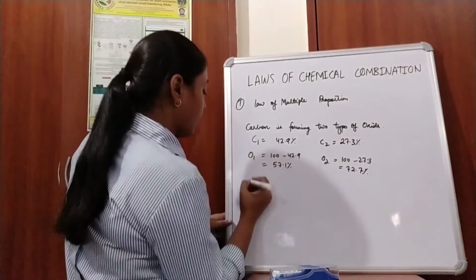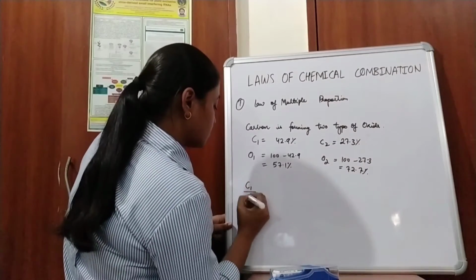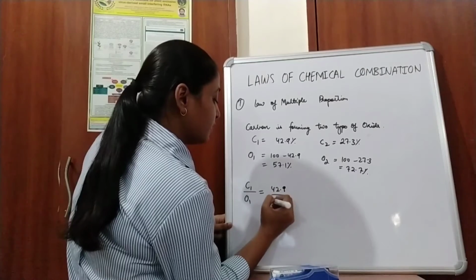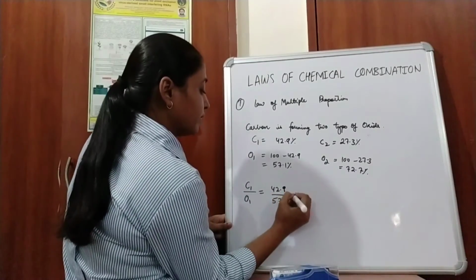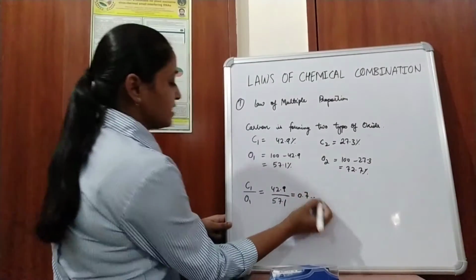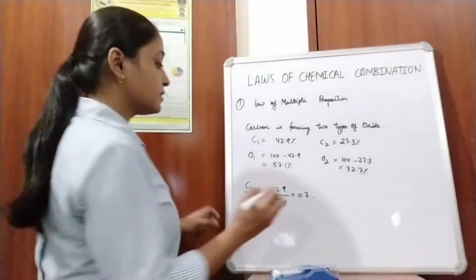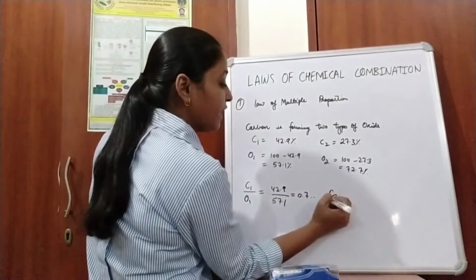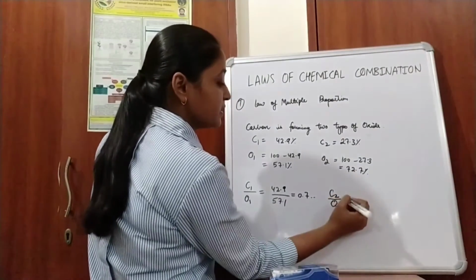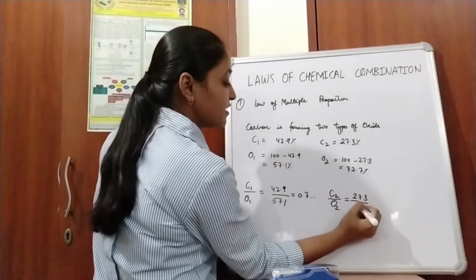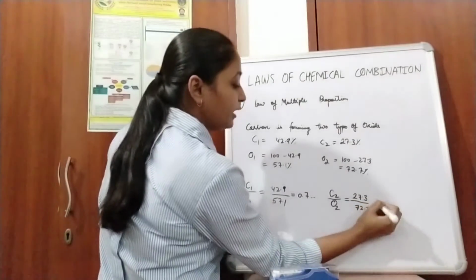The part of carbon that combines with oxygen is equal to 42.9 divided by 57.1. It will be around 0.7 something, right? Similarly, in the second oxide, the carbon that combines with fixed mass of oxygen will be 27.3 divided by 72.7.